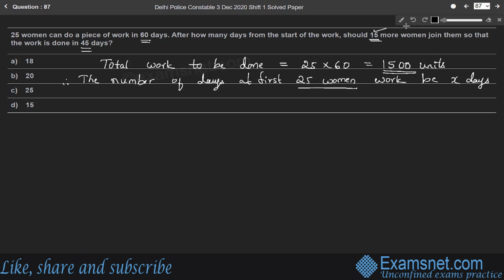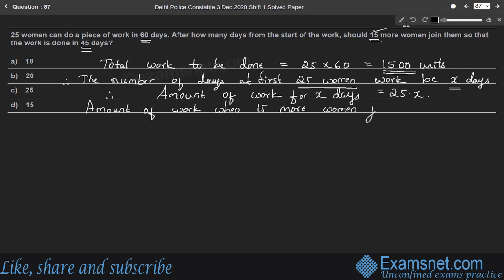So the amount of work in the first situation of X days will be 25 into X. After that 15 more women will join, so the number of persons will be 25 plus 15.